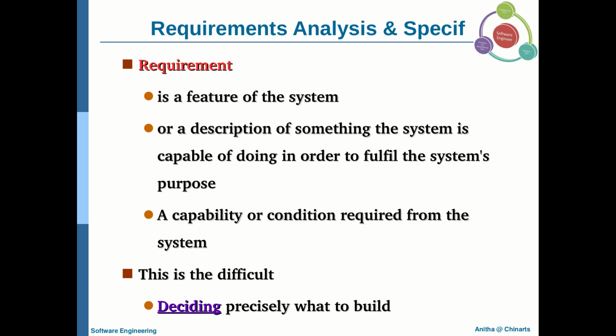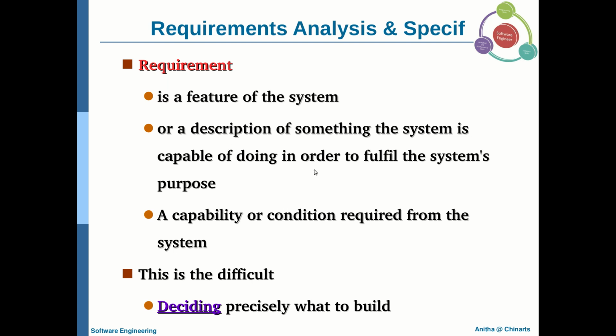A requirement is a description of something the system is capable of doing in order to fulfill the system's purpose. Say, for example, the system describes the admission criteria: if a particular student does not have 55% marks in the UG course, they cannot be admitted to the PG course. That becomes another requirement for a particular process.